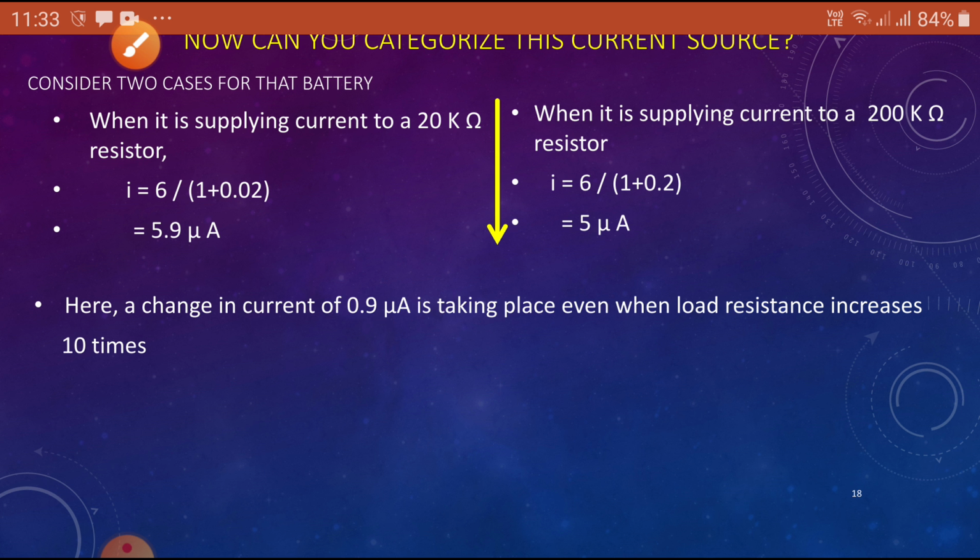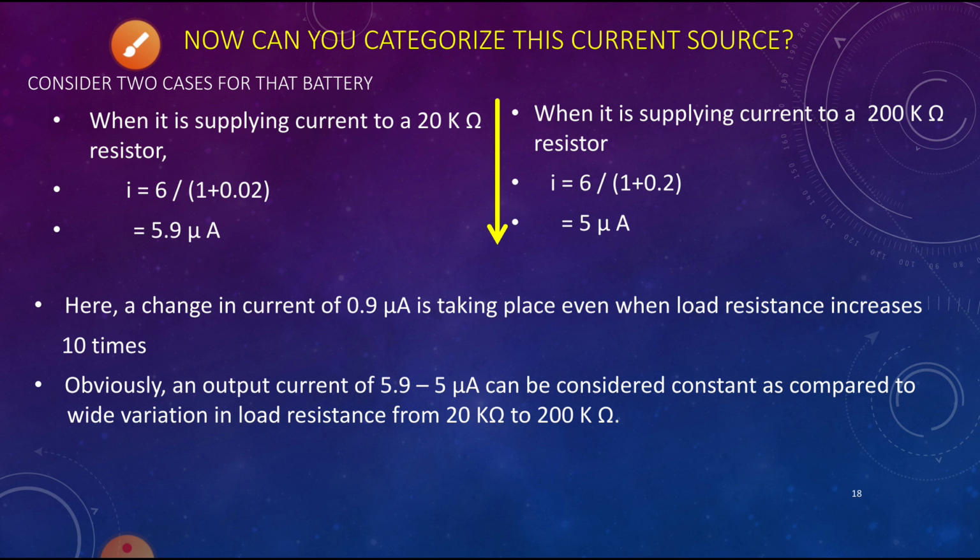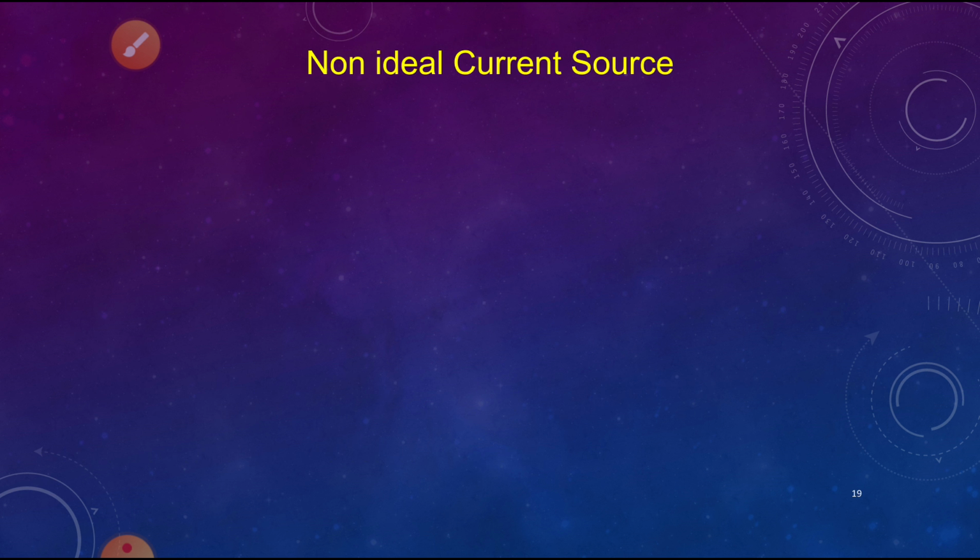Obviously an output current of 5.9 to 5 microamperes can be considered constant as compared to the wide variation in load resistance from 20 kilo ohms to 200 kilo ohms. Hence it may be treated as an ideal current source.